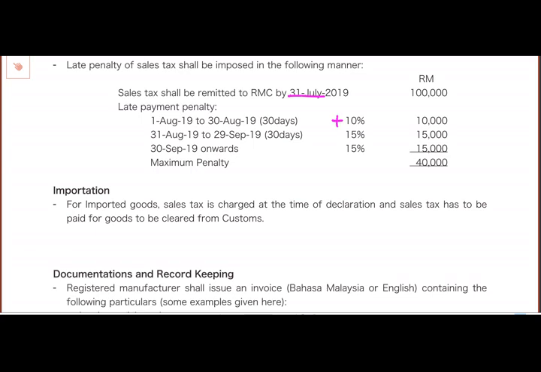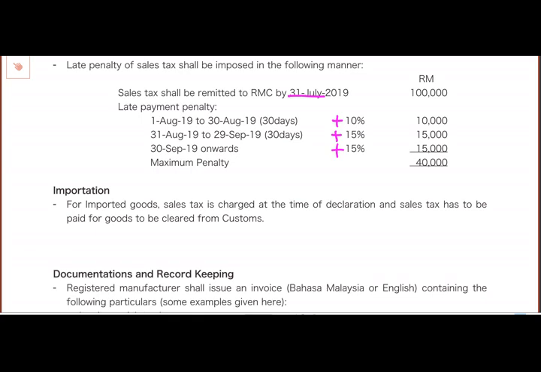Now if you still miss that 30 days, then the next 30 days, 15%. Now, after that, you still miss, right? That's it. Maximum already. Last 15. That means the total penalty that they impose is 40%.